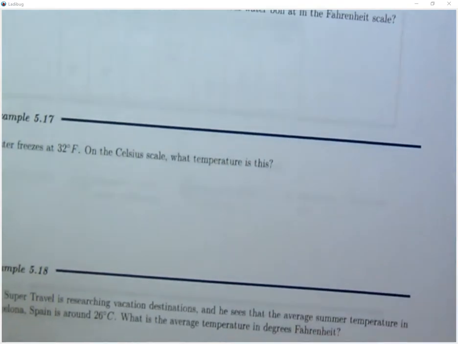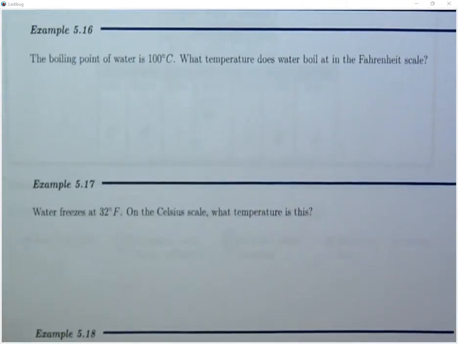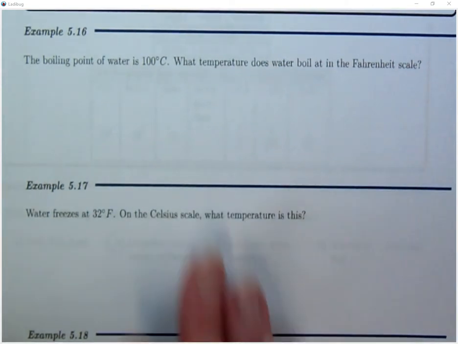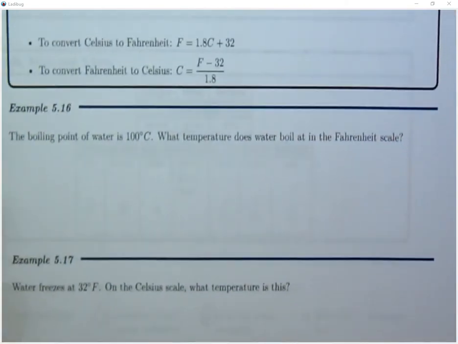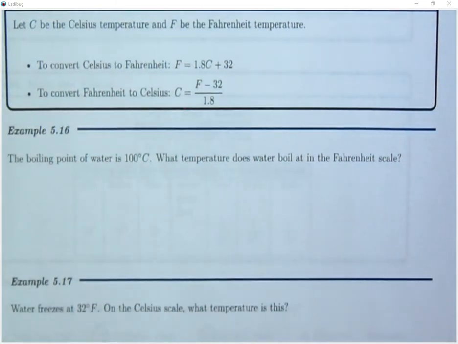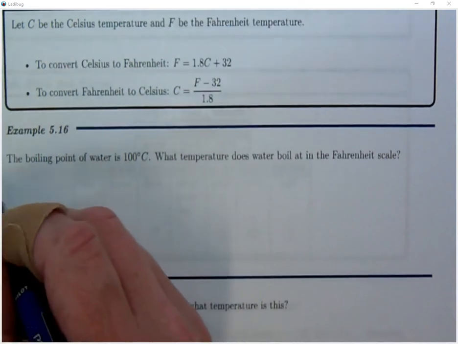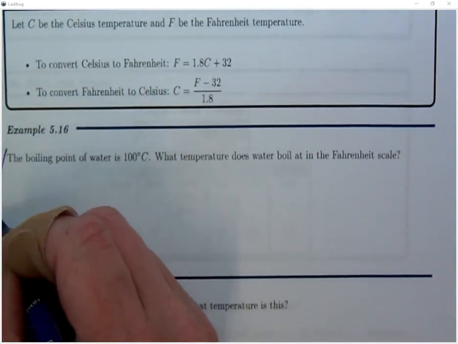The last thing we'll look at is temperature. And I'll just do one of these here. The boiling point of water is 100 degrees Celsius. We have this formula that we can use here for conversions, which is nice. And you can just plug in on your calculator. But do actually write it out so I know and can see what's happening there.